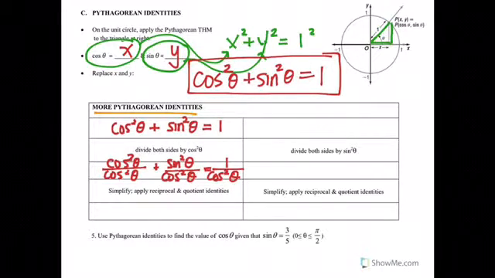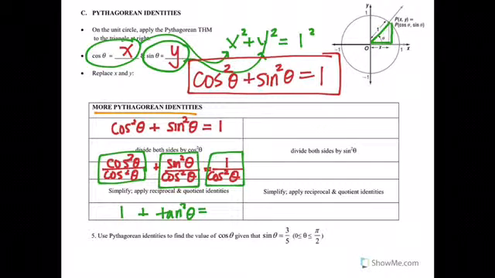Now you can simplify this expression by applying the reciprocal and the quotient identities. Obviously, cosine divided by itself is equal to 1. Sine squared over cosine squared is going to be equal to tangent squared. And 1 over cosine squared, applying the reciprocal function, is secant squared theta.